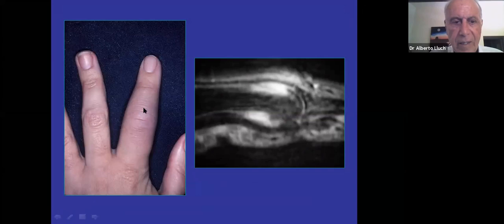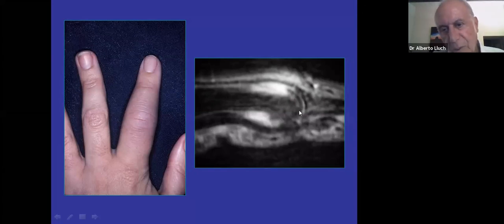It's an MRI of a finger. You can see here a swollen finger, with a synovitis of the PIP joint in this area right here. And you can see soft tissue edema and a synovitis of the PIP joint, dorsal and volar. This is the retrocondylar process of the proximal phalanx.